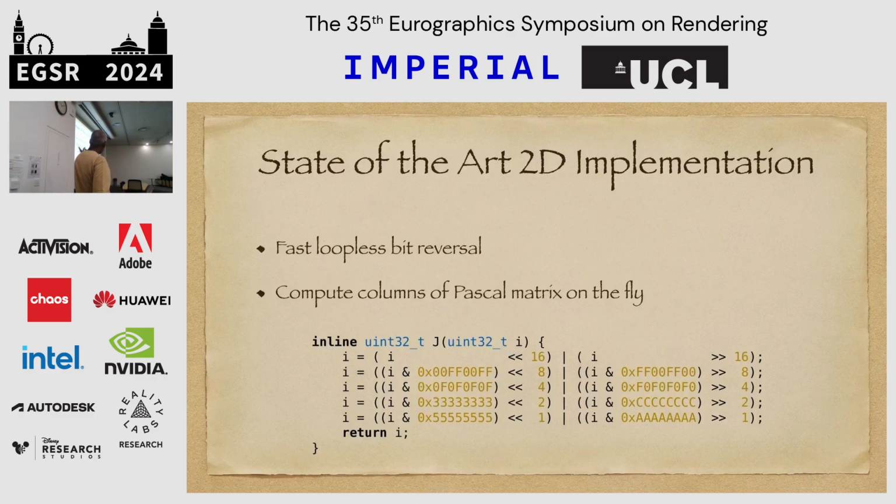There's no loop, it's just an operation of interleaving the bits. For the other dimension, the Pascal matrix dimension, they don't store the Pascal matrix. They just compute it using a recurrence. It's compact, but it's not very fast, not the fastest like the first dimension.